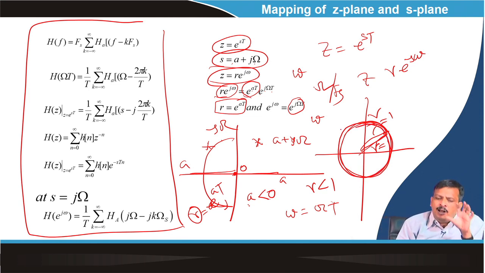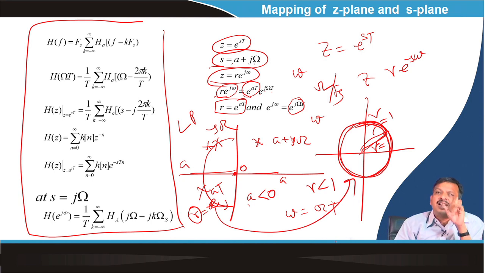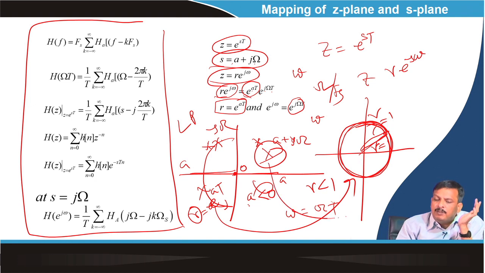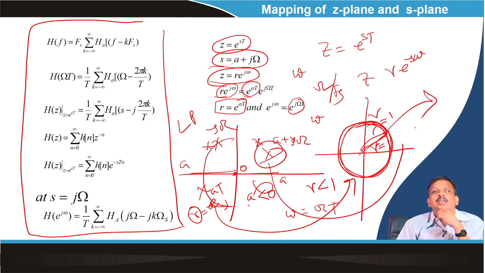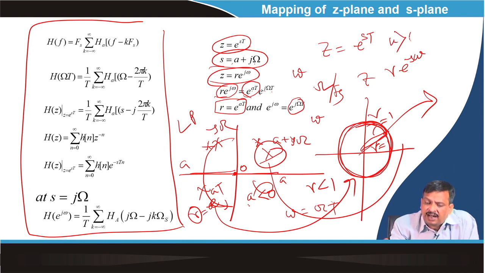So, if all my poles are in left hand side of the Laplace domain, I can easily say that all poles are guaranteed within the unit circle. Now, any pole in the right hand side of the Laplace domain is mapped to outside the unit circle, because if A is positive, A is greater than 0, then e to the power aT is always greater than 1, so R is always greater than 1.